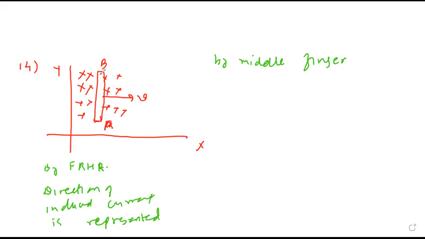What about you all? Is it the same? This way you are getting middle finger upward. Yes, sir. So B is positive, A is negative. This is the answer. B is positive, A is negative.